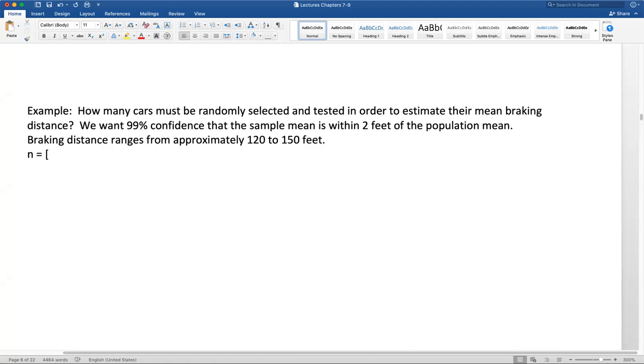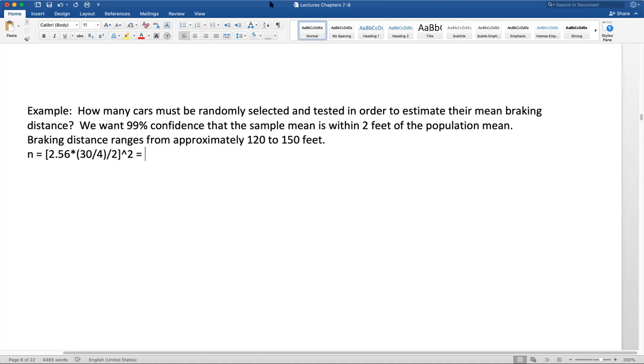So 2.56 times sigma, which is the range divided by 4. So that was 30 divided by 4, right? Now divided by the margin of error 2, and then square.